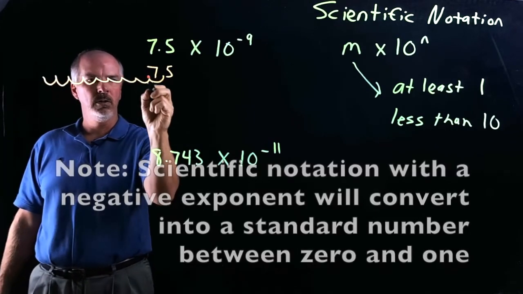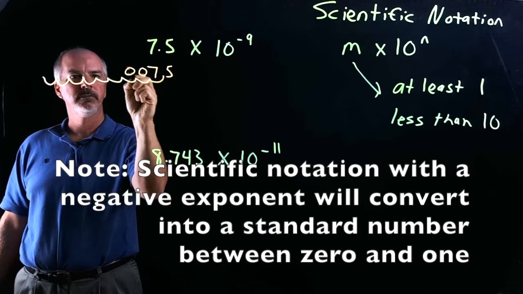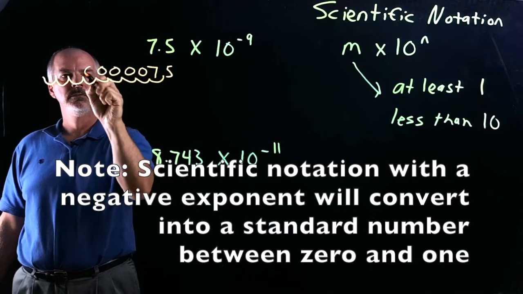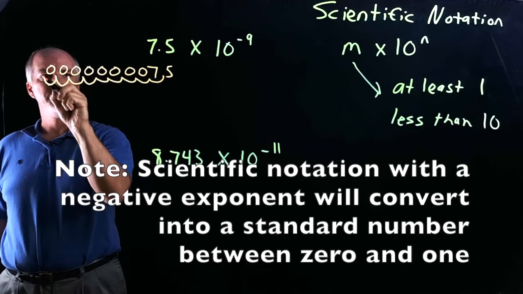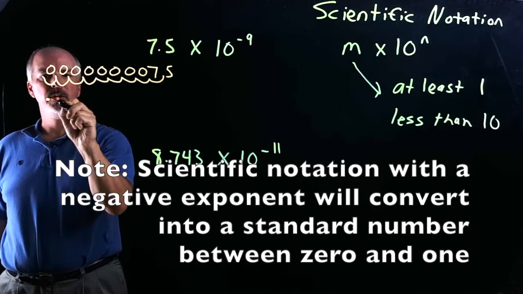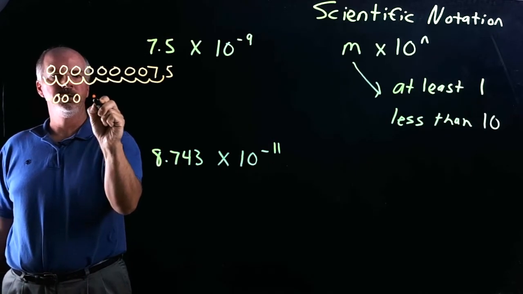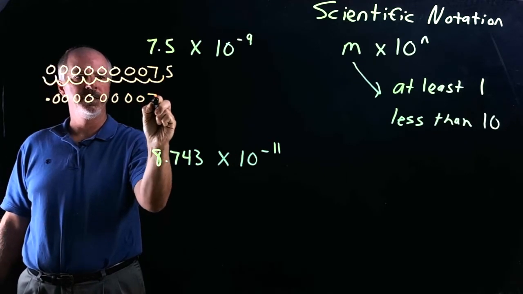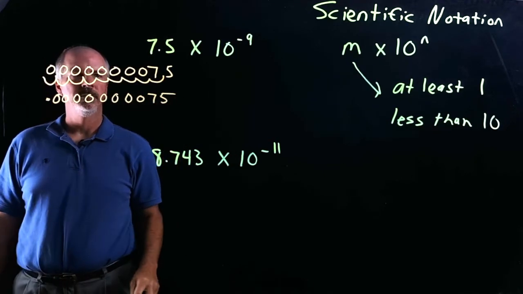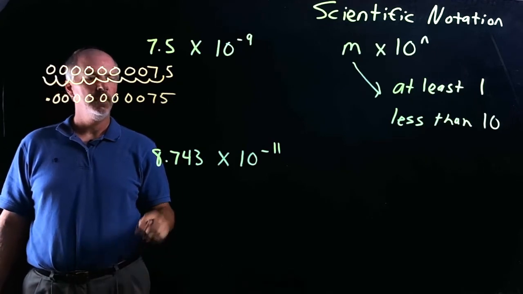And we'll go back and add zeros. Okay, so our new number becomes 0.00000000075.